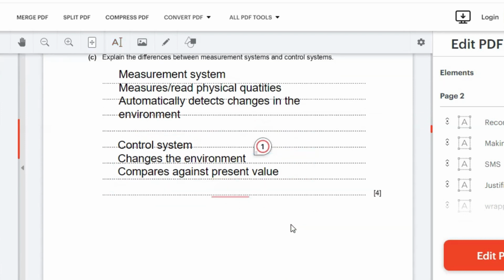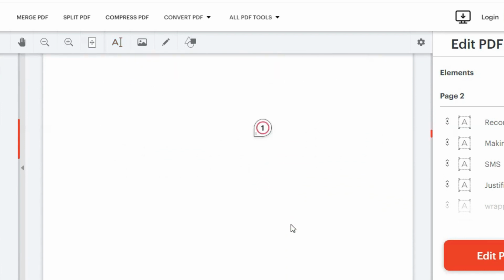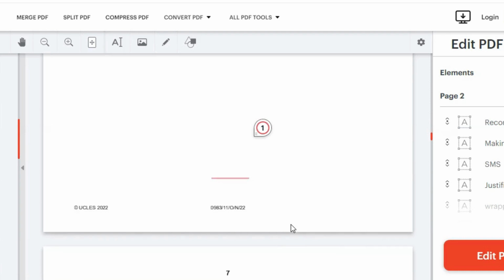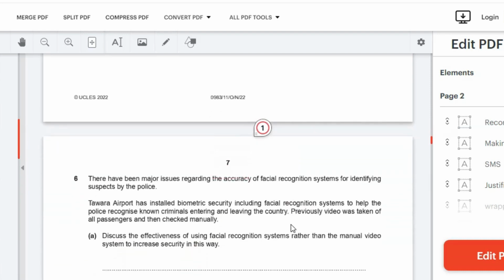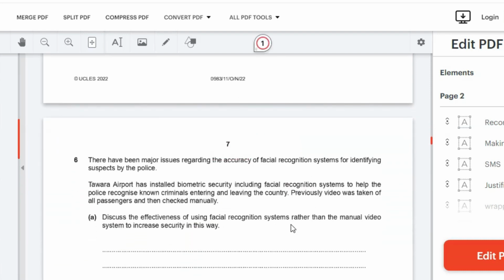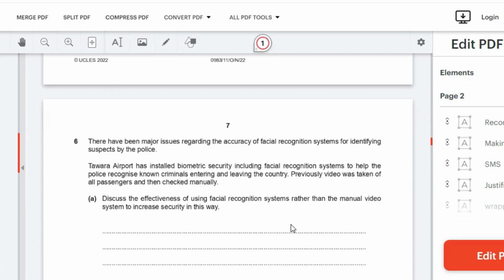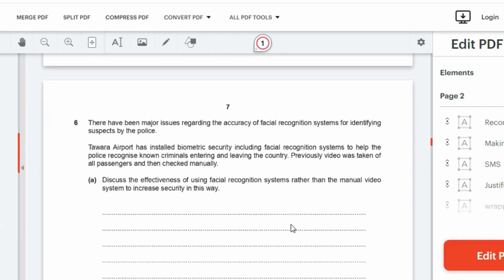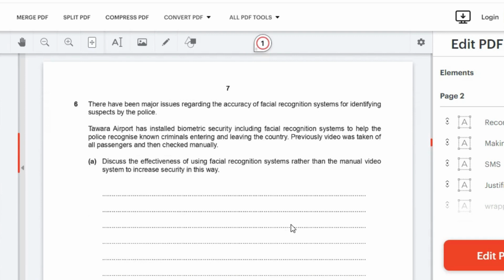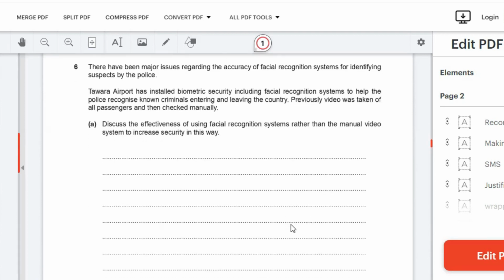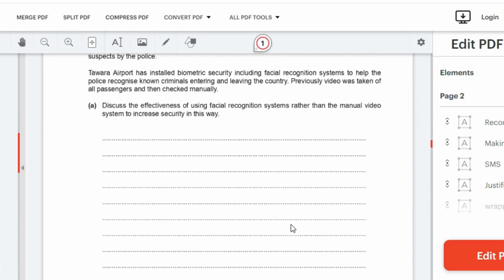All right. Next question says, there have been major issues regarding the accuracy of facial recognition systems for identifying suspects by the police. Tawara Airport has installed biometric security, including facial recognition systems, to help the police recognize known criminals entering and leaving the country.